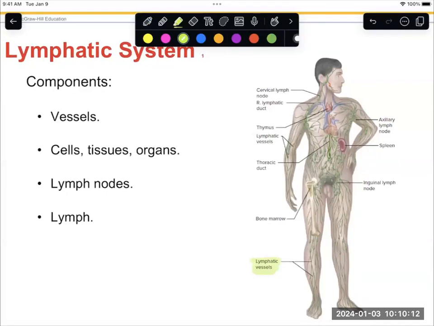Lymph nodes, which are these little enlargements on these lymphatic vessels, are found all over the body. But these lymph nodes filter this lymph and remove any kind of foreign matter that may be found within it. And then that lymph is that fluid. It's clear, it's colorless. It's very similar to blood plasma, and it flows through these lymph vessels and these lymph capillaries.